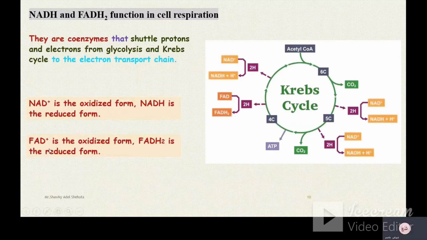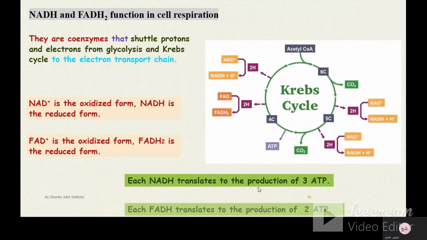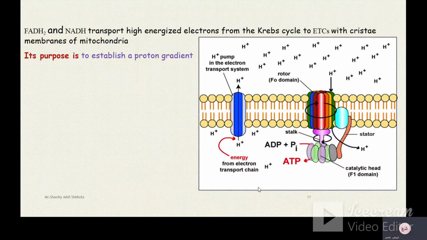And FAD is the oxidized form, while FADH2 is the reduced form. NADH translates to the production of 3 ATPs. FADH2 translates to the production of 2 ATPs. FADH2 and NADH transport high energy electrons from the Krebs cycle to the electron transport chain in the cristae membrane of the mitochondria.